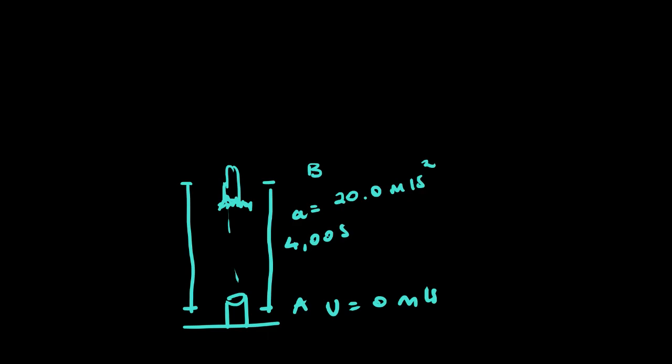And you should also bear in mind, it doesn't mean our g is not there. It simply means that the net is the sum of all the accelerations experienced by this rocket. It equals 20 meters per second squared. And since it is positive, we are taking up as positive and down as negative, so the net acceleration is upward.